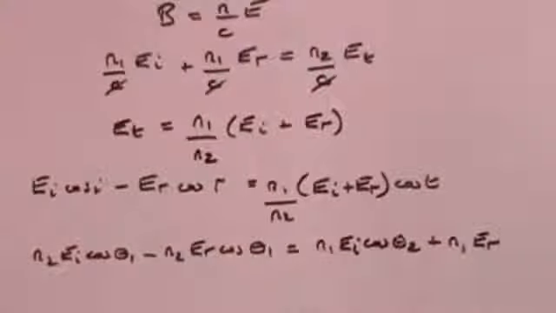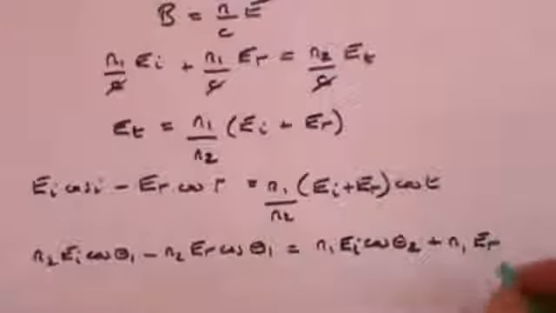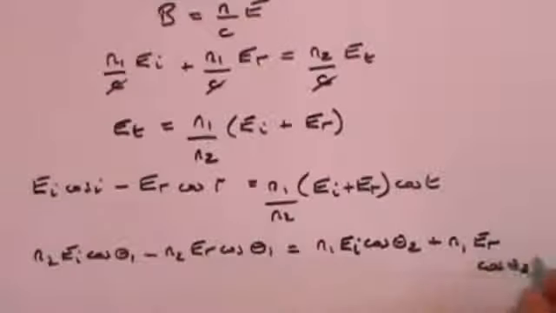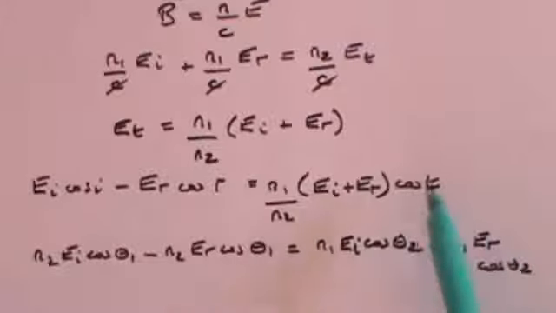I've just panned out a very tiny amount so that we can get cosine theta 2 in here. That's cosine T becomes cosine theta 2.